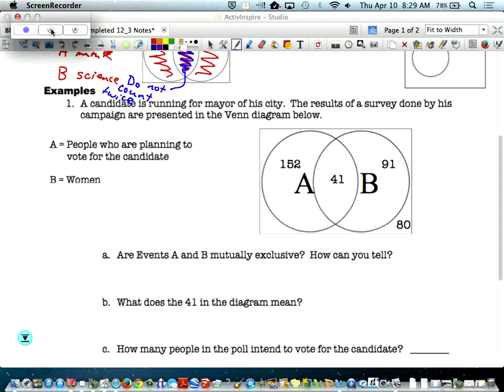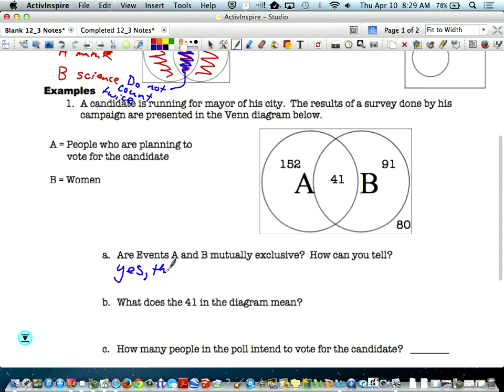I don't like memorizing the language of mutually exclusive. Just say yes, there can be some sort of overlap, right? The two circles are not independent of each other. There will be some overlap.